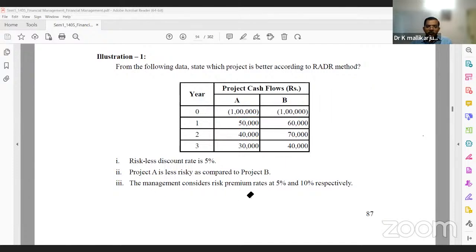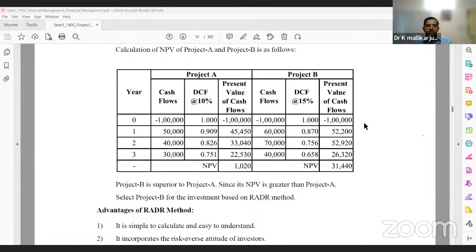The management considers a risk premium of 5% and 10% respectively. With the same 1 lakh and same 50,000 and the discount factor, the positive NPV is 1,020 rupees for one and 31,440 for the other, on the same projects.